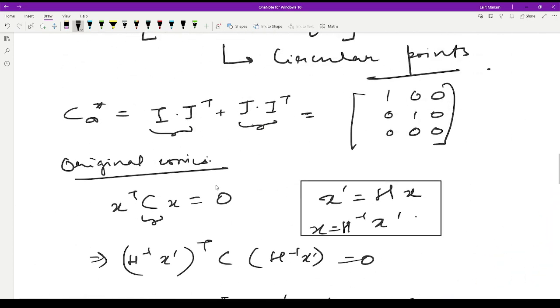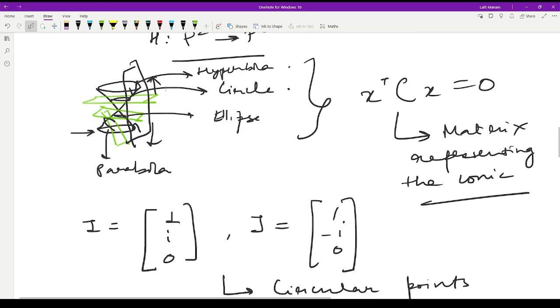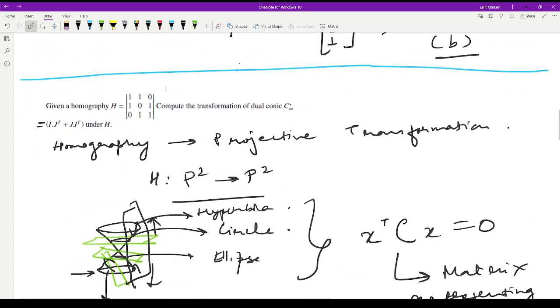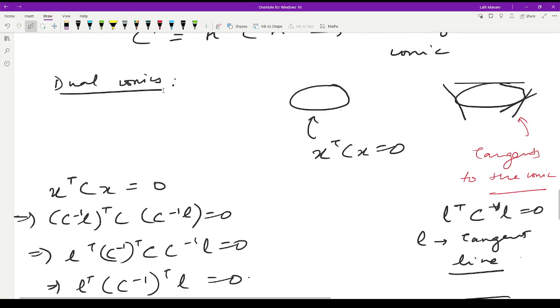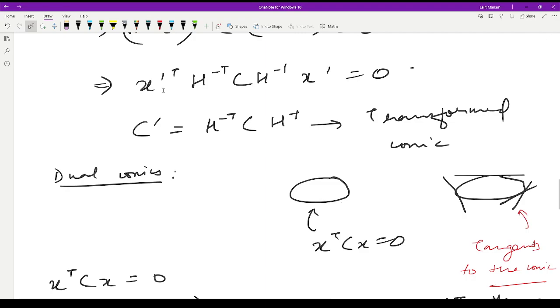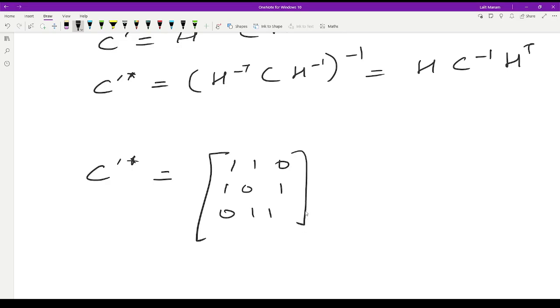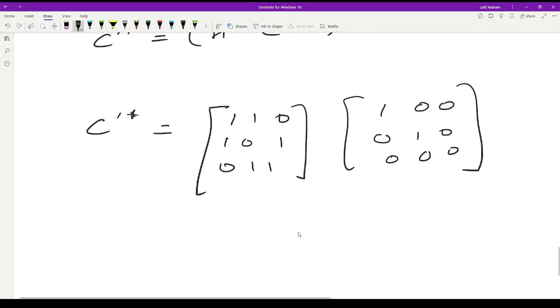Given that we have the homography here and the dual conic, C dash star will be our homography matrix 1 1 0, 1 0 1, 0 1 1, multiplied by the dual conic matrix 0 1 0, 0 0 0, again multiplied by the same homography matrix transposed.